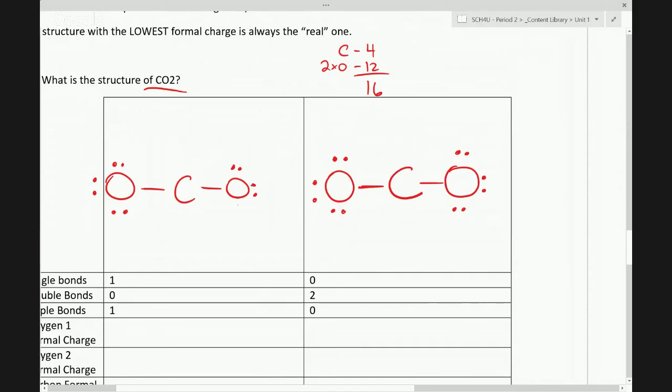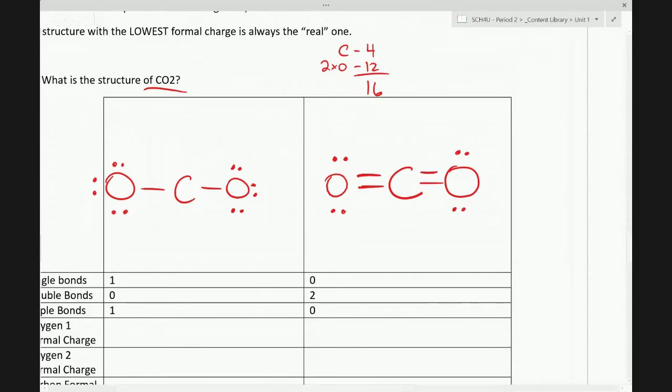We always have to have valid Lewis structures before we can look at formal charge. But over here, I'm going to do the one we just commonly think of, which is I'm going to take one pair there and make a bond, and take another pair there and make a bond. And now we have a stable structure, 16 electrons total, but carbon is making 4 bonds, oxygen is making 2 bonds. Everything has a full octet, it's stable.